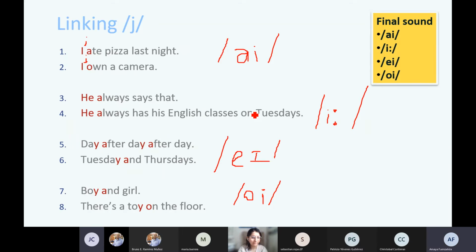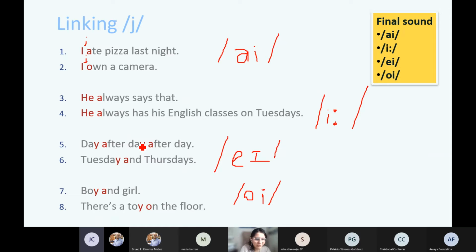Examples 5 and 6, yes. Day after day, Tuesday and Saturday. Now, in the second one, can you pronounce that without making a stop after Tuesday? Try to say it one after the other. Tuesday and Thursday. Perfect. Thank you very much.